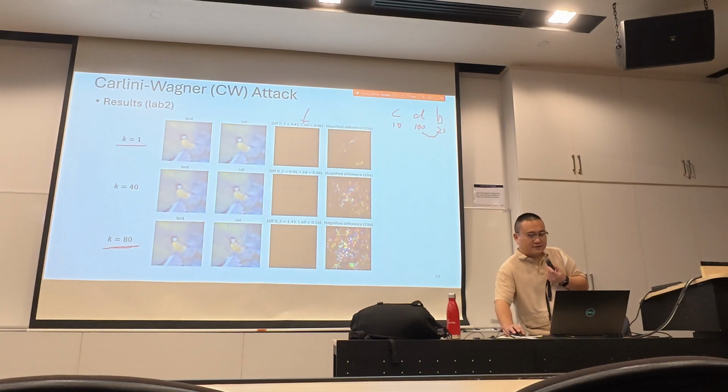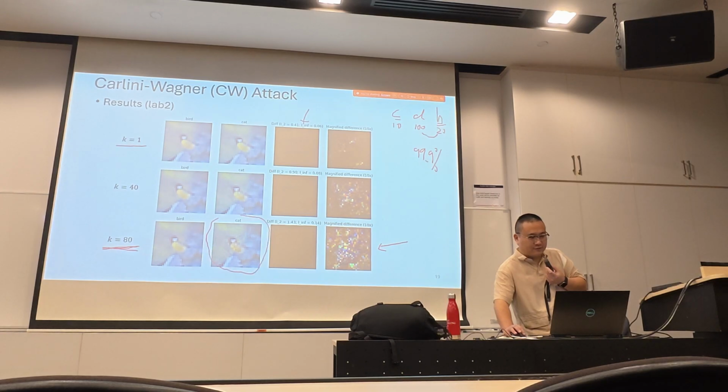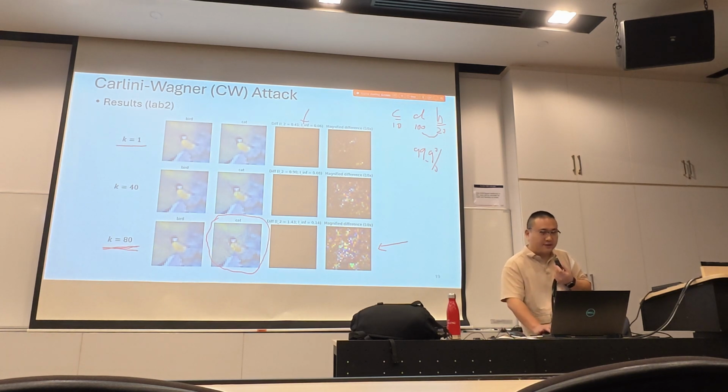The model will say 99.9% this is a dog, and maybe only 0.01 or 0.001% this is a bird or cat. So when we increase the gap, you can see that we actually introduce more distortions. The perturbations are more visible here. So this is CW attack. Any questions about the CW attack?